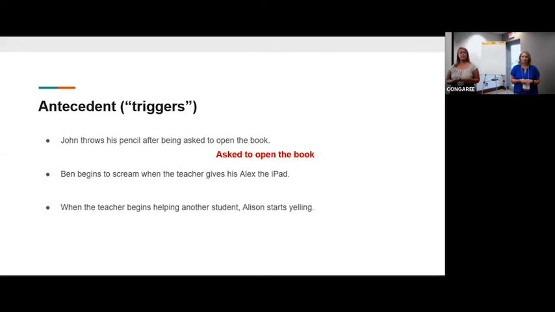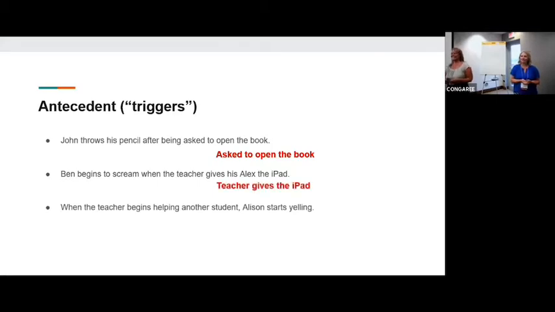Second one, Ben begins to scream when the teacher gives Alex the iPad. So the behavior would be Ben screaming. Okay, and what would the antecedent be? Yep, right, good. Giving Alex the iPad, even though the sentence was incorrectly written by me.